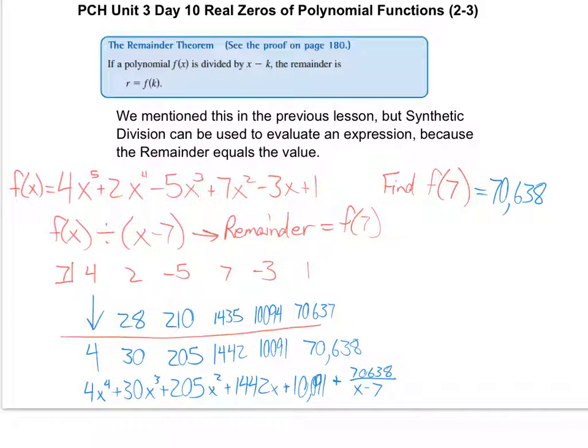But we aren't trying to do division here. We're trying to evaluate the function. Our numbers got big, but that's just because our answer ended up being big.